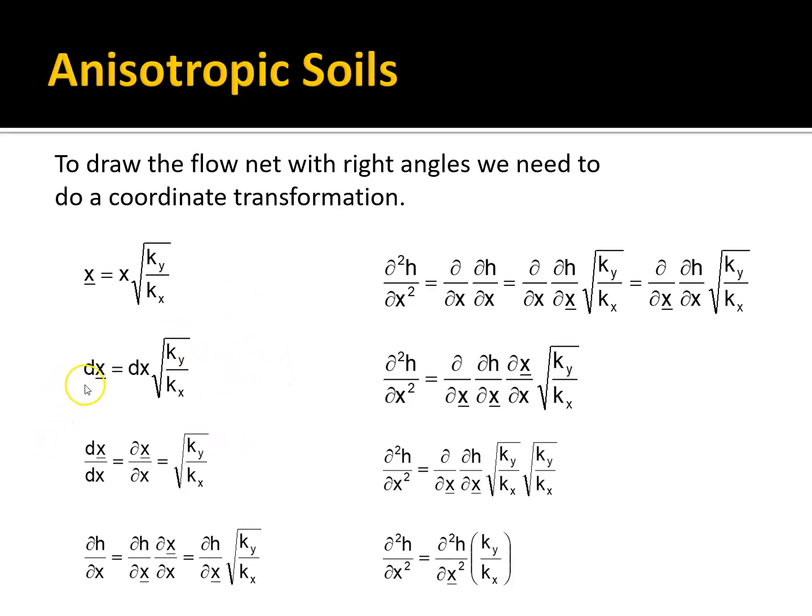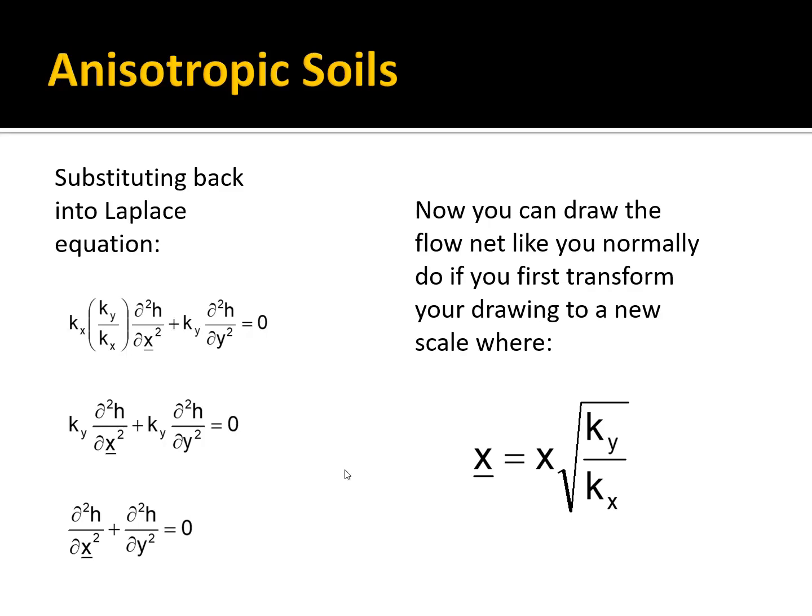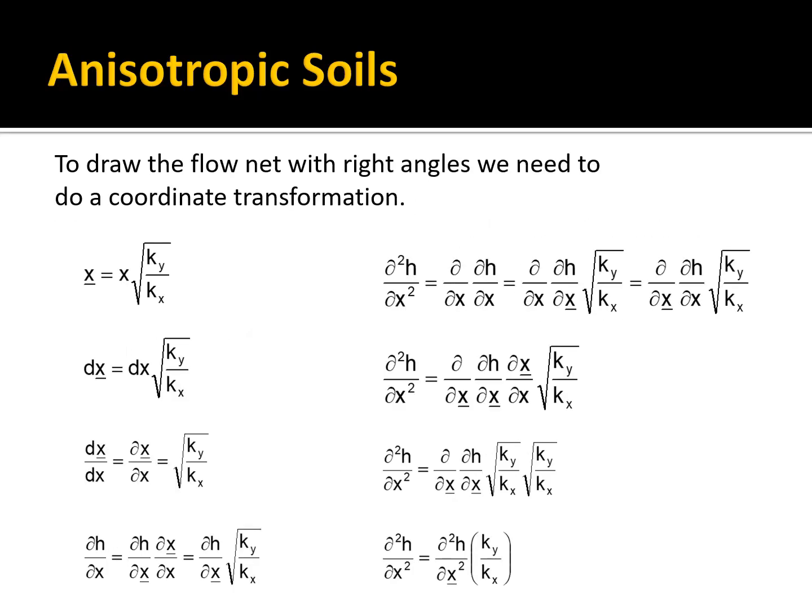We take the derivative of this transformed x, and we end up with the second derivative, and we come up with this term: del squared h over del x squared, of the original x, is equal to the second derivative of h with respect to the transformed x multiplied by ky over kx, this ratio.